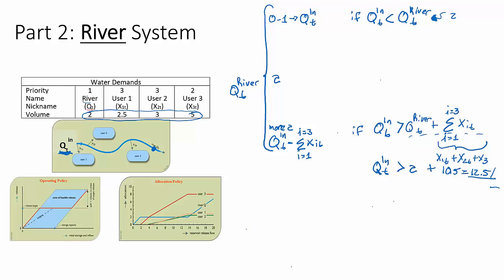So when will it be something in the middle? Let me show you a little trick for how you can figure that out. So this will happen if this Q in, so I'm going to put it in here, rather than being less than 2, is greater than 2 units.